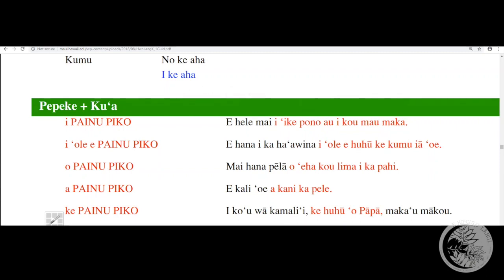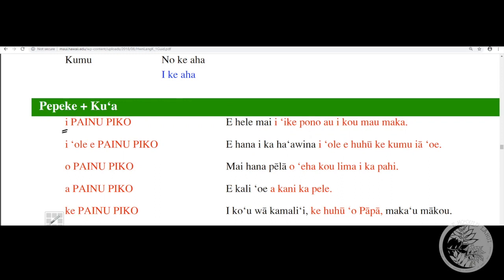Okay, so let's look at the meanings of these. So the first one we have here, I painu piko. The word I. This I means in order to, as a means to, so that, as a way to, and it's a very strong so. So if you think about it in English, open your books so you can see the answers.